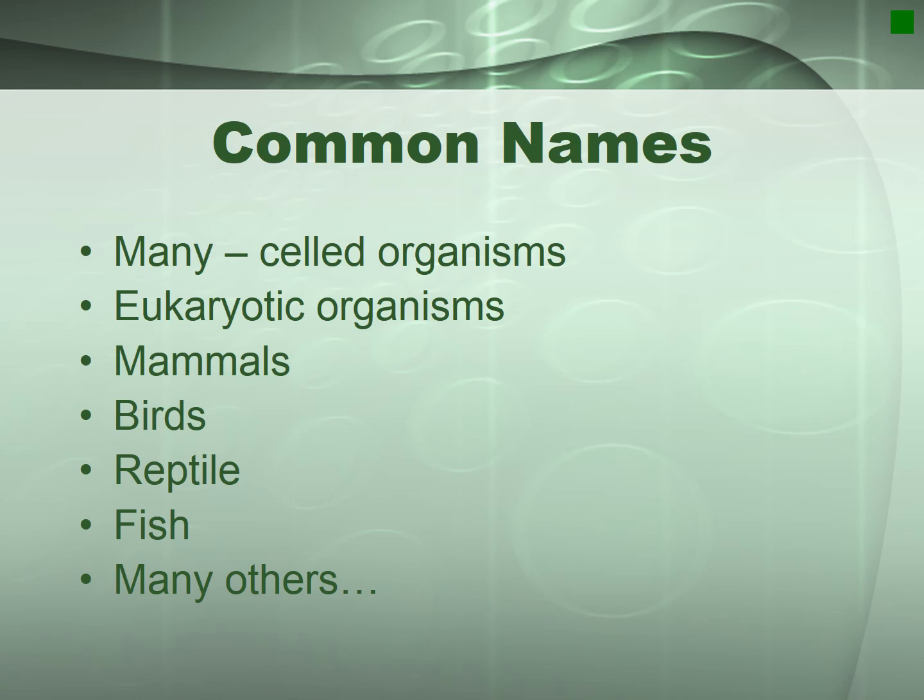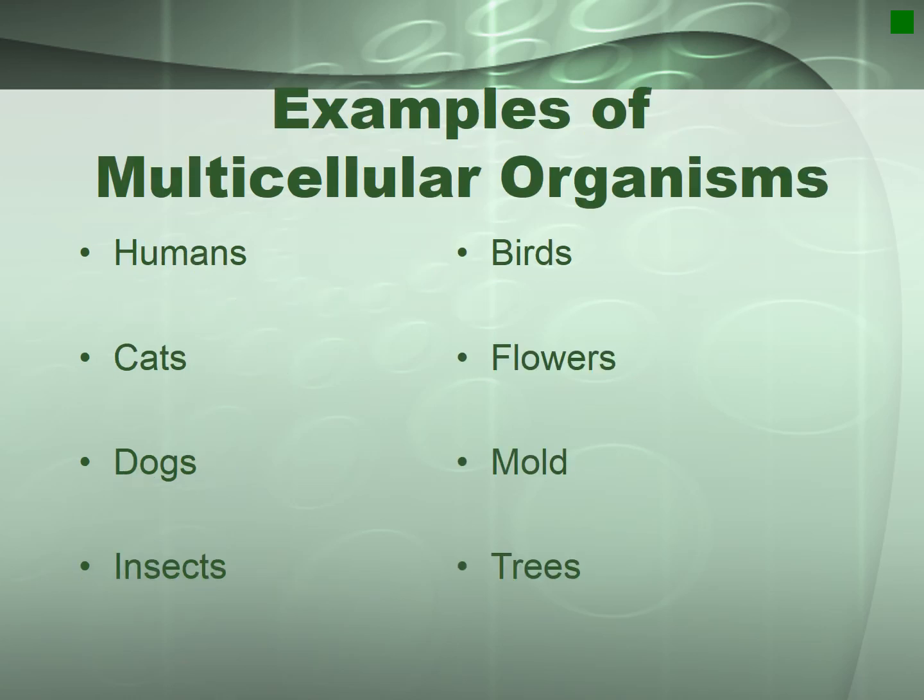Okay, let's look at some common names now for multicellular organisms. You have many-celled organisms, eukaryotic organisms, mammals, including, of course, us humans, birds, reptiles, fish, and many, many others. Okay, let's take a look at some examples of multicellular organisms.